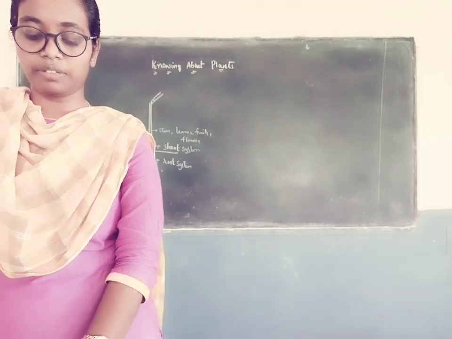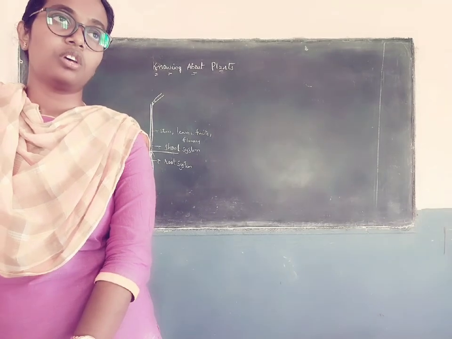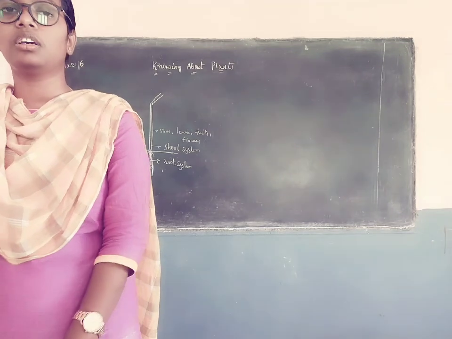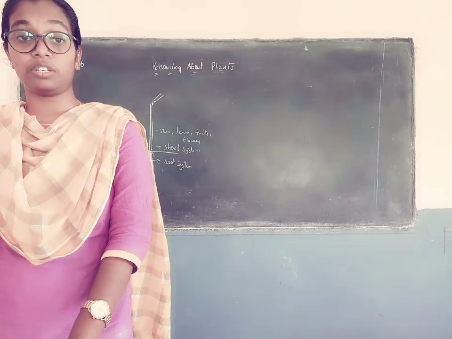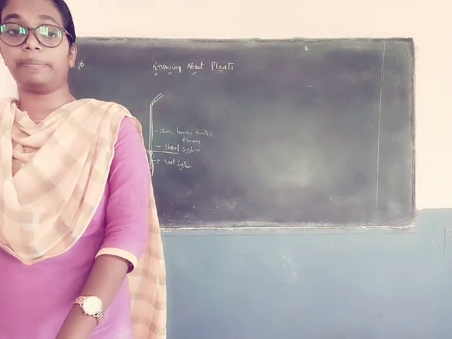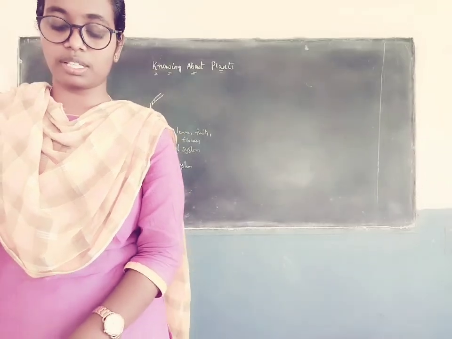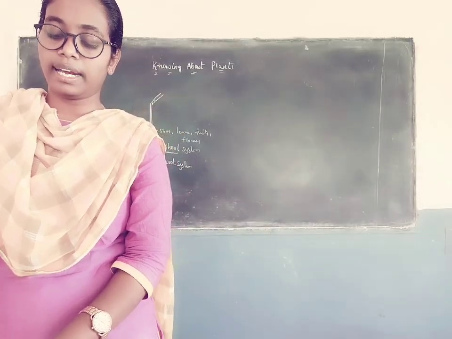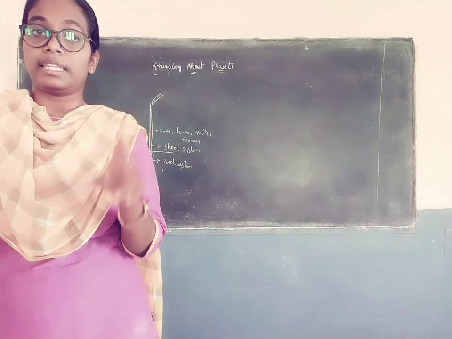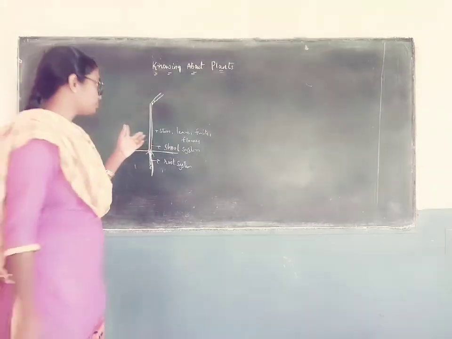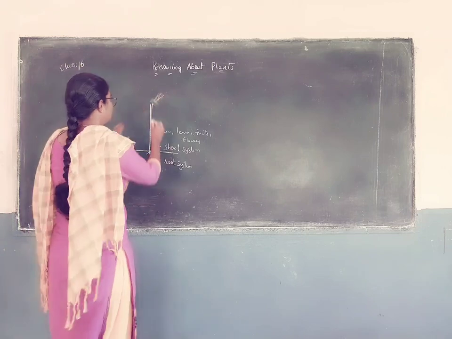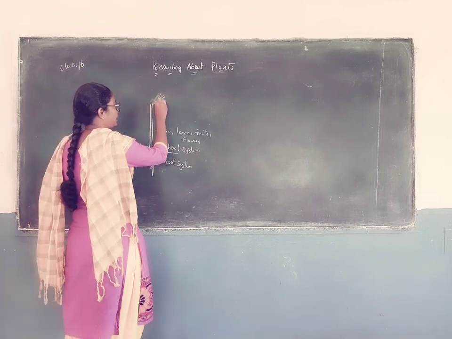Nodes are the part of the stem where the leaves arise. So nodes means the part where from the stem the leaves will arise. The part of the stem between two successive nodes is called internodes. Along with the stem it contains some branches.